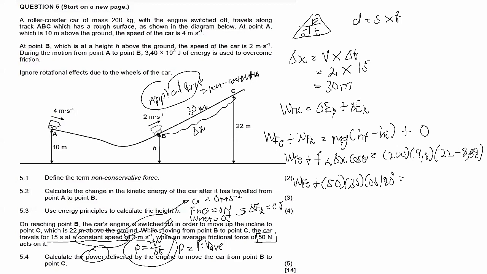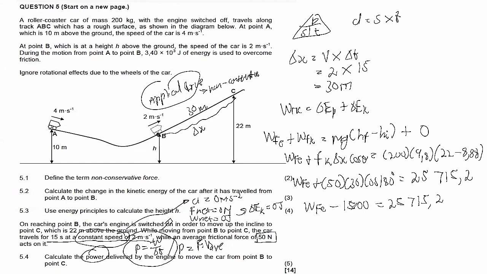When we do the calculation for this one, we have 25,715.2 joules. Then we have the work done by the force of the engine, and here the friction term gives us 1,500 when we multiply, and this equals 25,715.2.